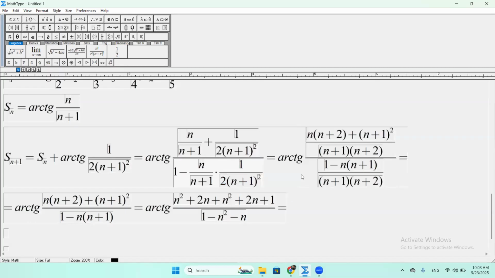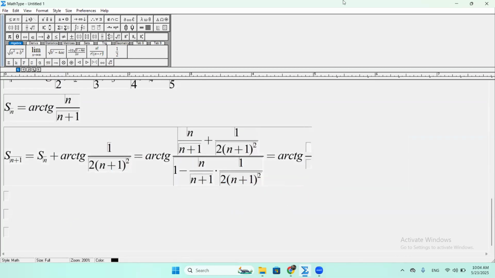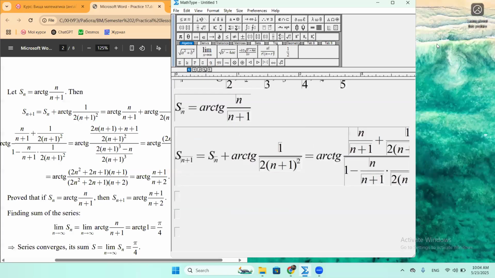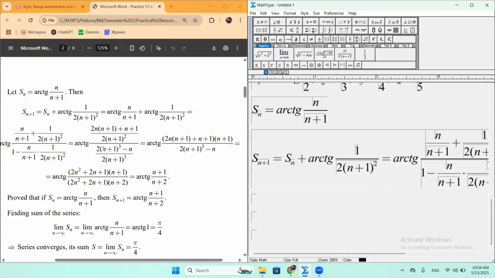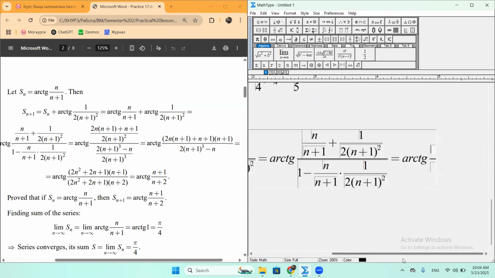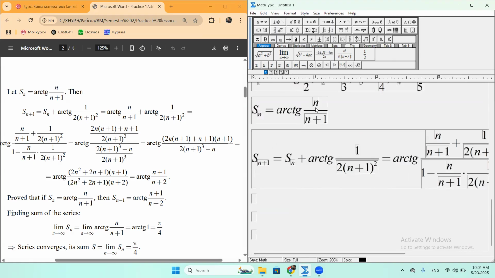Okay, but now let's just believe my notes. So after we do a lot of transformations, we will receive that S(n+1) will be equal to arctangent of n plus 1 over n plus 2. So we proved that Sn equals arctangents of n over n plus 1. So this is the method of mathematical induction, how it works.